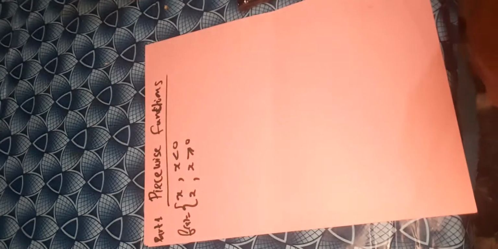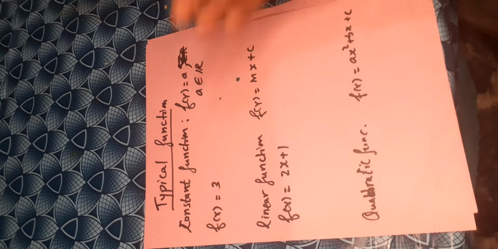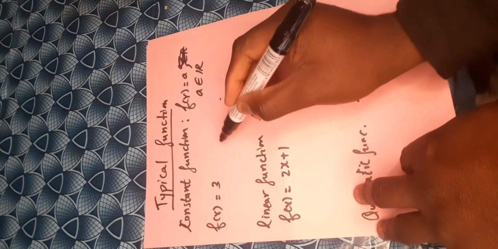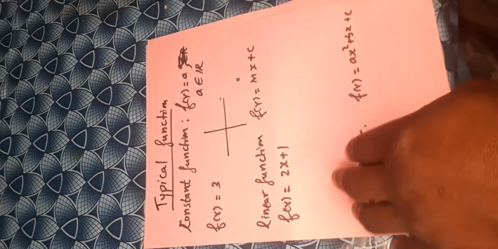Let's start. Before doing the piecewise function, you have to know in general how to graph. So here are the typical functions. They're usually going to ask you a constant, okay, and for you to graph this function, it's simple.